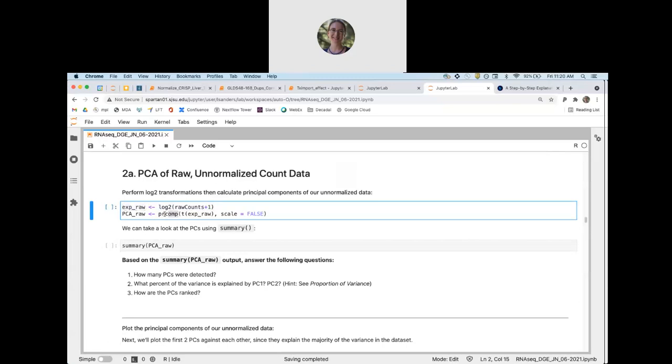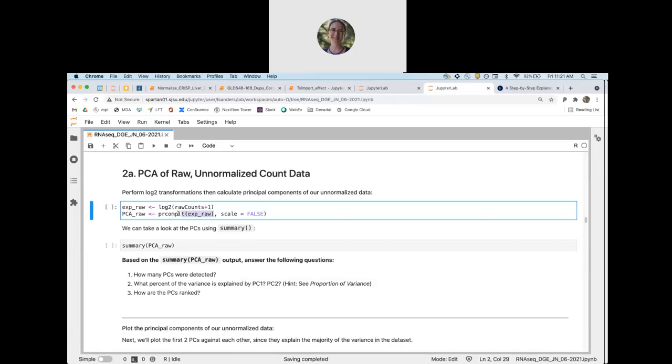Then we're going to use a new function called prcomp, which computes the principal components of our raw expression. I do want to note here that somebody yesterday, I forget who, mentioned that machine learning tends to put variables as the column names, whereas here our variables, our genes, are the row names.